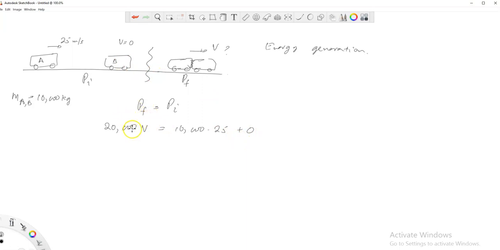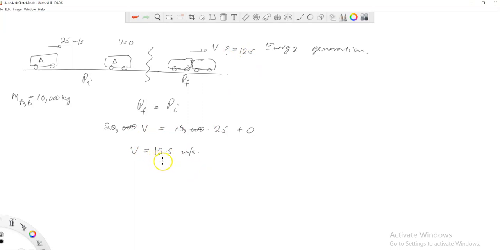Alright, so straightforward answer. Cancels out, cancels out. V equals 25 divided by 2, 12.5 meters per second. So the final system is going to move at a speed of 12.5 meters per second. Now we got that final velocity using momentum conservation.